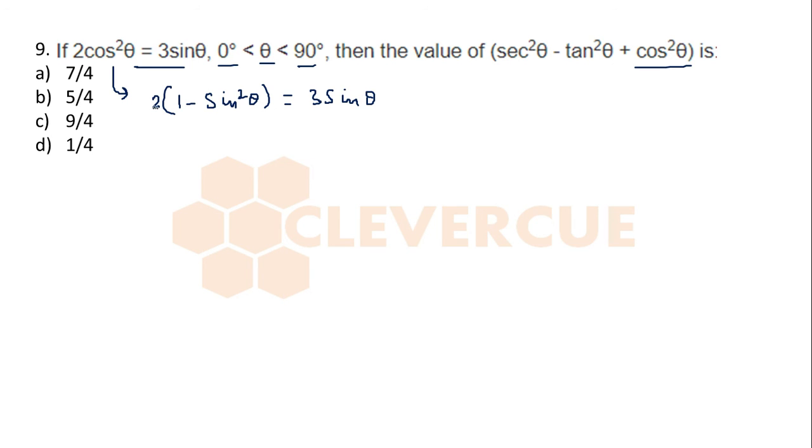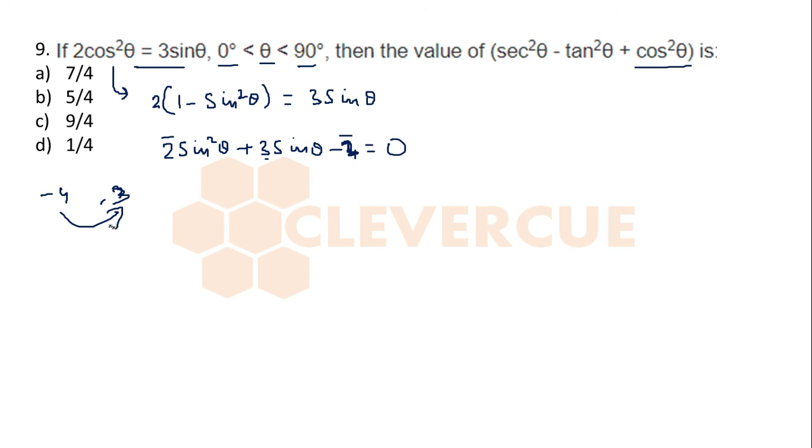Now multiply this 2 with 1 minus sin square theta and take to the other side. Then you will be left with 2 sin square theta plus 3 sin theta minus 2 equal to 0. And now here you have this product of A and C as minus 4, and here you have 3.